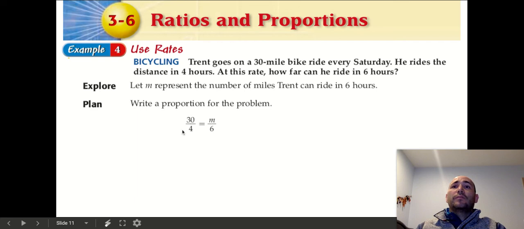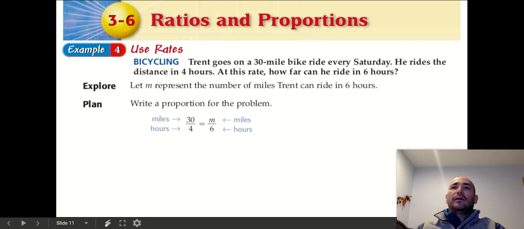So here's my proportion. I know that he rides 30 miles for every 4 hours. So he's going to ride m number of miles for every 6 hours, right? These two rates should be equal to each other, right? The ratio should be equal. They should form a proportion, right? So what I want to solve for is m, okay?